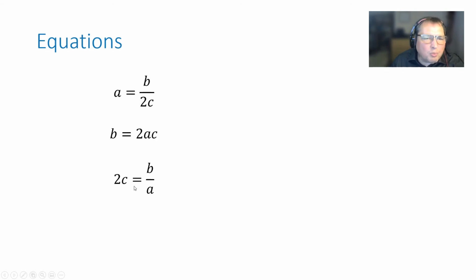Please note that I swapped the sides of this equation. And in one more small step, dividing both sides by 2, I can get the value of the third symbol, c, equals b over 2a.